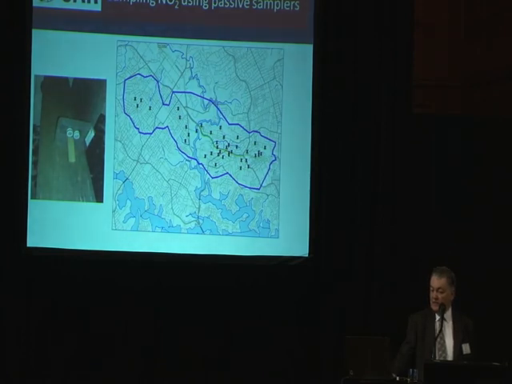This is an attempt that we made, and others have done similar things. This is from a study that we did in the Lane Cove area of Sydney, where we measured one particular pollutant, nitrogen dioxide. These are passive samplers for nitrogen dioxide. And this is an area of about 20 square kilometres, where we put out 40 of these passive samplers, and we measured the average nitrogen dioxide concentration at each of these 40 sites.